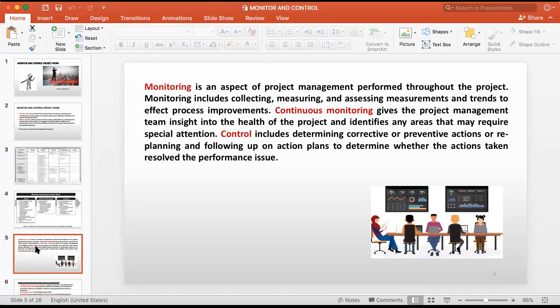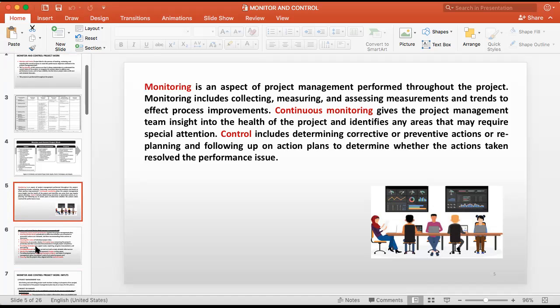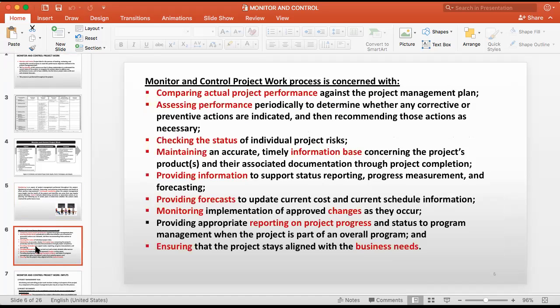The monitoring and controlling part, you can't get out of that, because it is that important. That is why it says you need continuous monitoring. So I think you have understood.